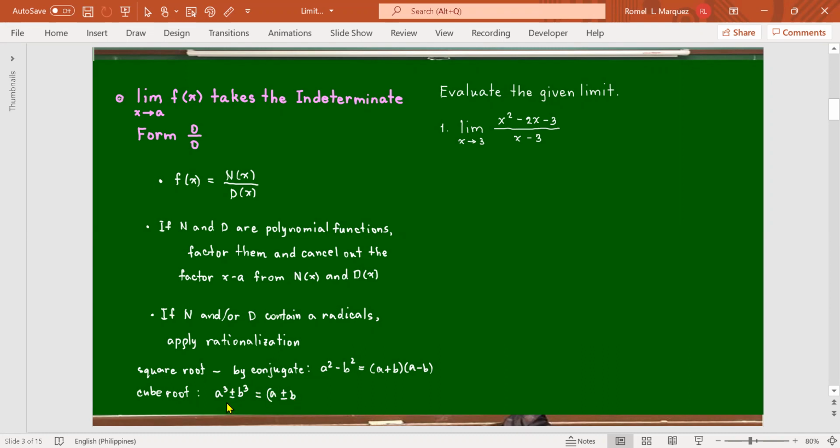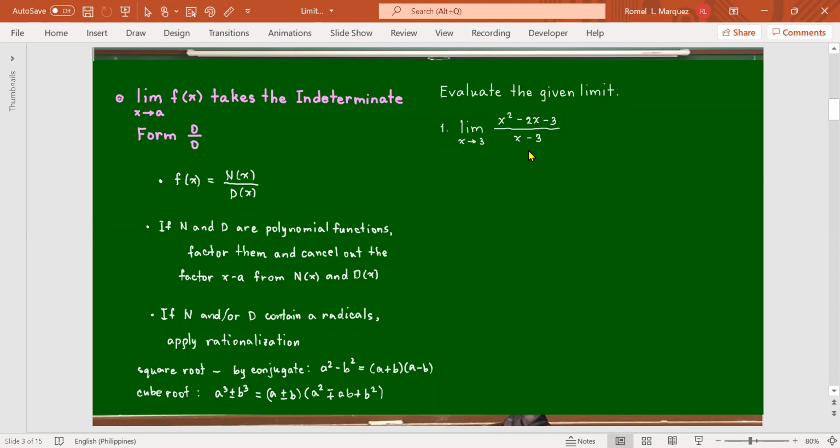If plus, plus here, if minus, minus here. The other factor is a trinomial, a squared, with plus or minus here, and minus or plus here, okay, guys? ab plus b squared. Am I right, guys? Okay, so that's the technique. Okay, so let's have the following examples. So evaluate the given limit.